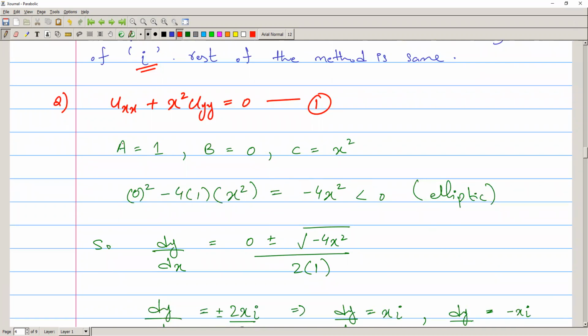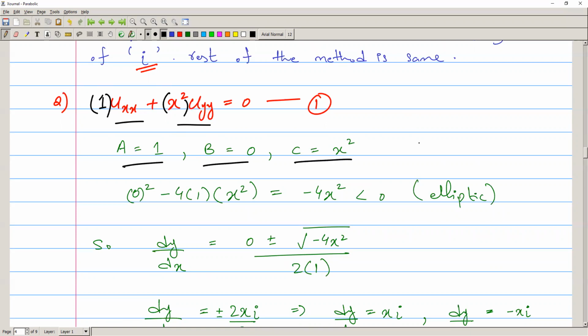So let's take an example. The question is u_xx plus x squared u_yy equals 0. The coefficient of u_xx is 1 and the coefficient of u_yy is x squared. So a is 1, b is 0, and c is x squared.